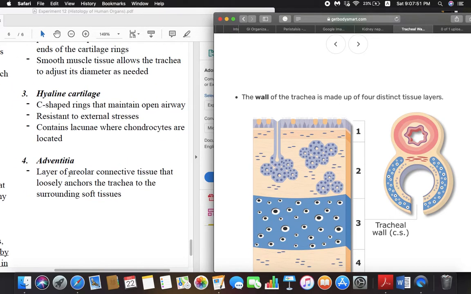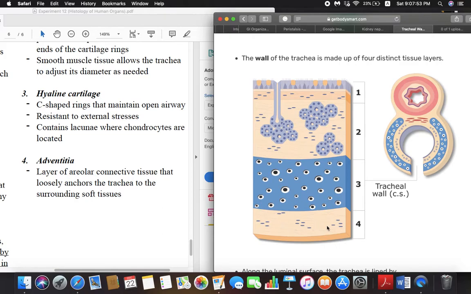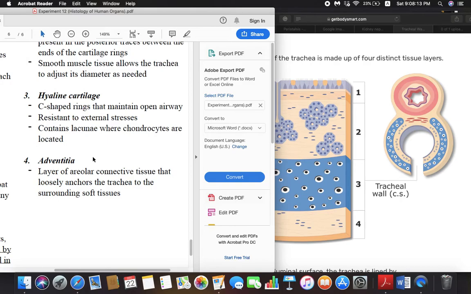Finally, we have the adventitia, which here is a layer of areolar connective tissue whose function is to anchor the trachea to the surrounding soft tissue. Now why is this adventitia? It has a layer of areolar connective tissue, and it's adventitia because it's connected to which type of organ?